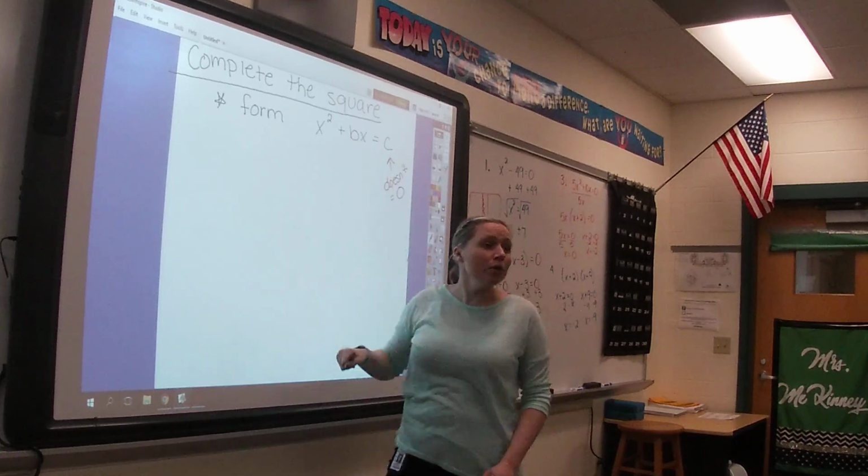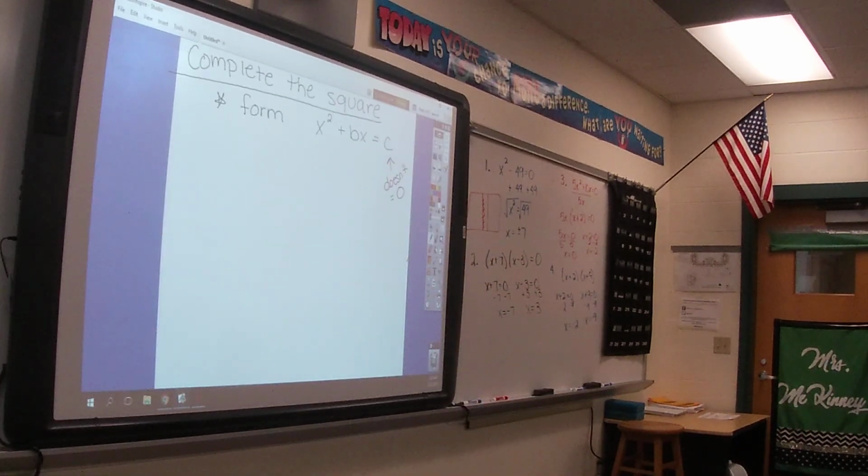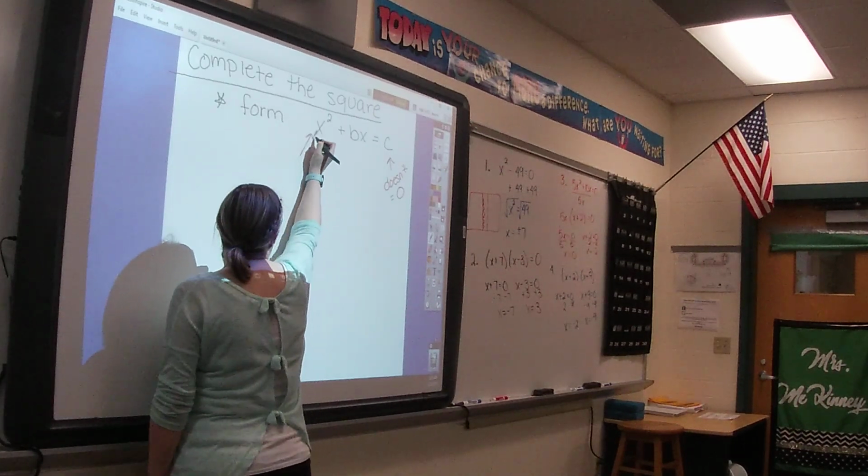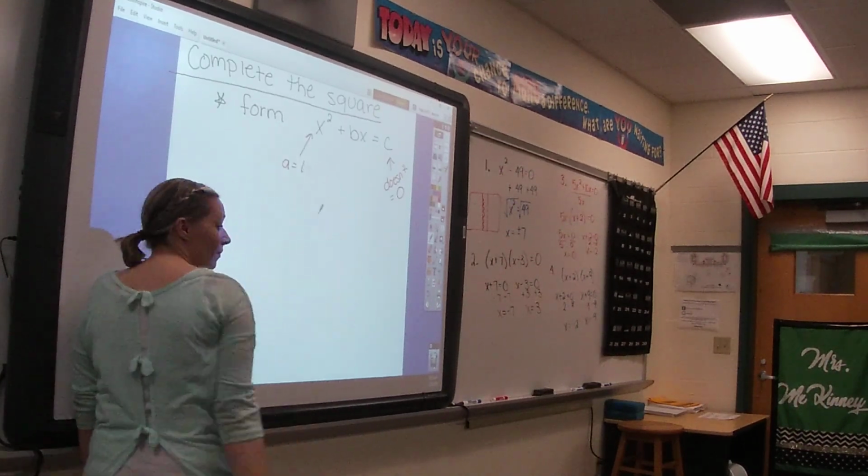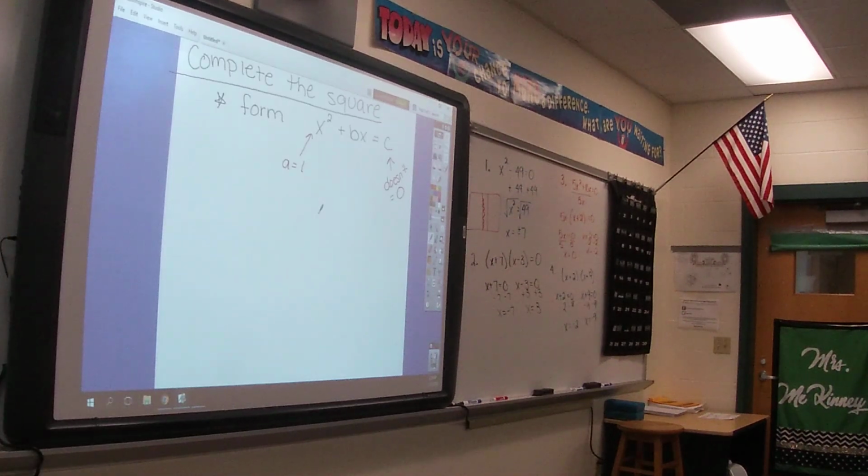So we're not moving that c over like we did when we were solving by factoring. And you'll also notice that a equals 1. We don't have a value greater than 1 in front.